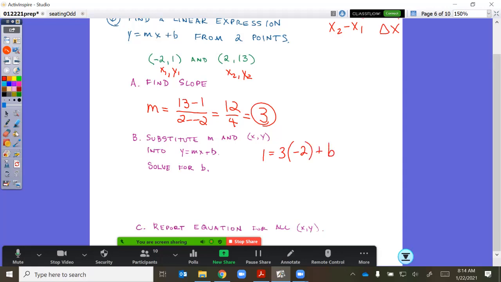I chose the smaller numbers. I chose the first one. Everybody see what I did? I plugged in y equals 1 and x equals -2. And I plugged in the slope is 3. The only thing I don't know is b.